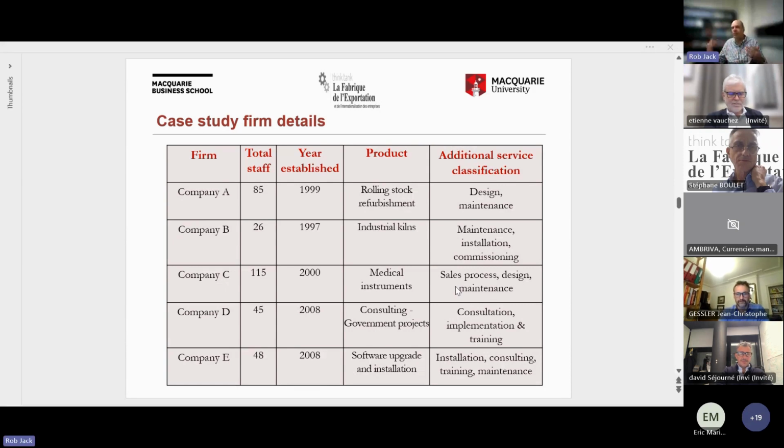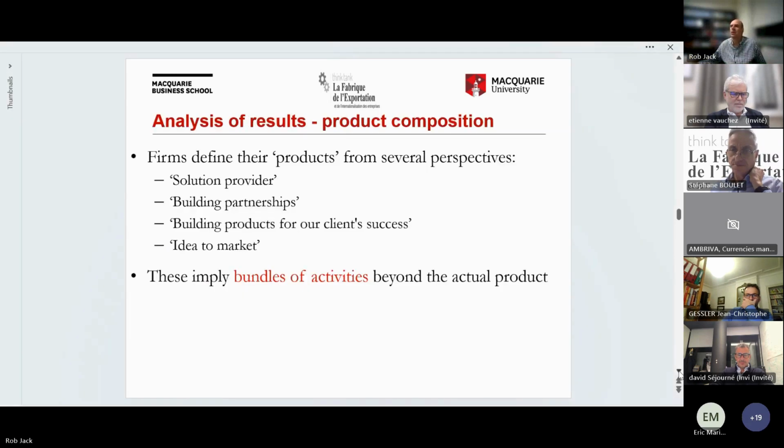Design, maintenance, sales process, consultation, implementation, training, all additional service activities that are essential to the development of these particular key products. So I'm just going to go through these in a little bit of detail just to explain their background, first from the point of view of how they view their products.